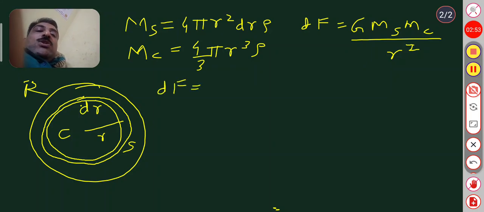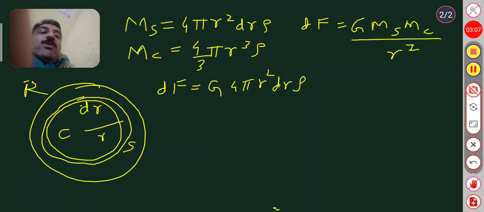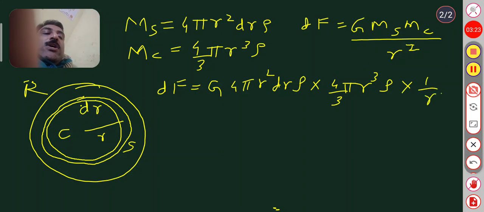Force would be equal to G into 4 pi r square dr into rho, into 4 by 3 pi r cube into rho, whole divided by r square.